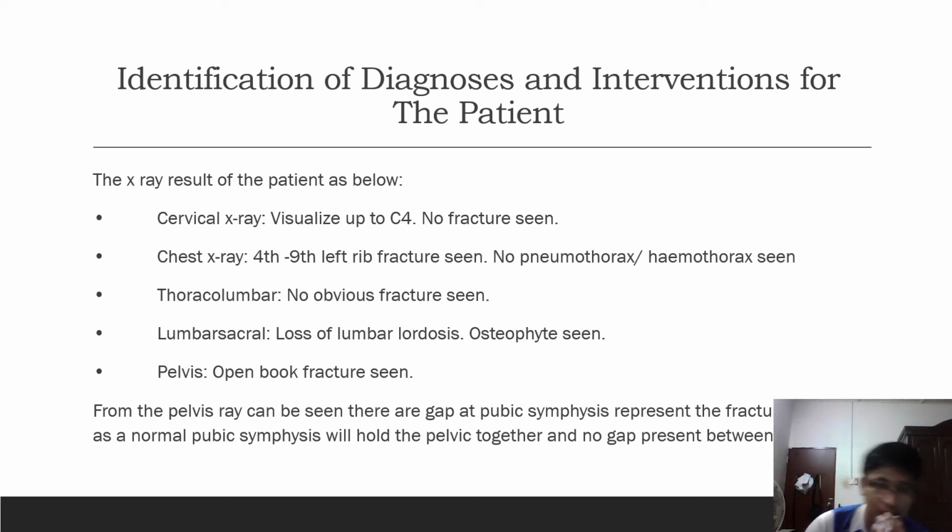Pelvis X-ray shows open book fracture. From the pelvic X-ray, the gap at the pubic symphysis can be seen, representing the fracture, as a normal pelvic symphysis holds the pelvis together and no gap is present between them.